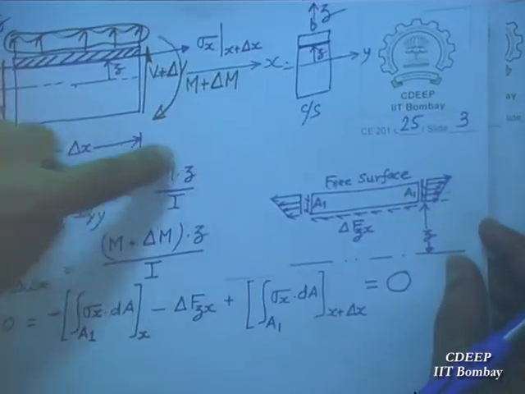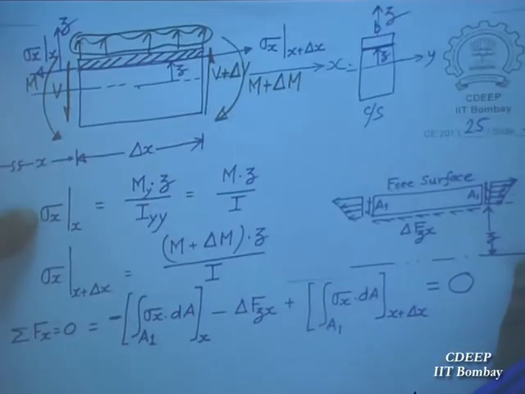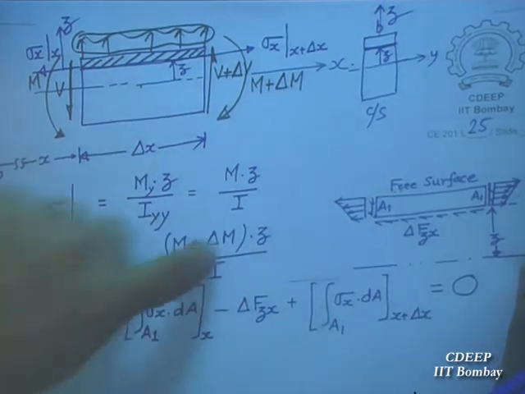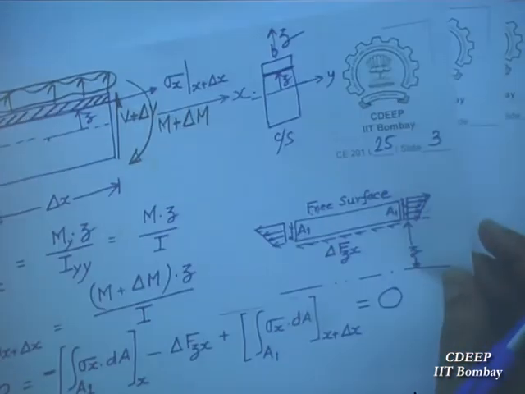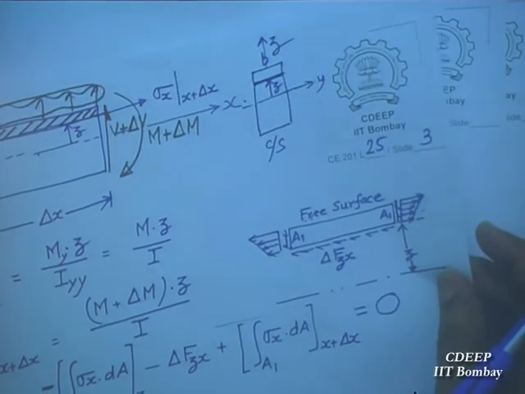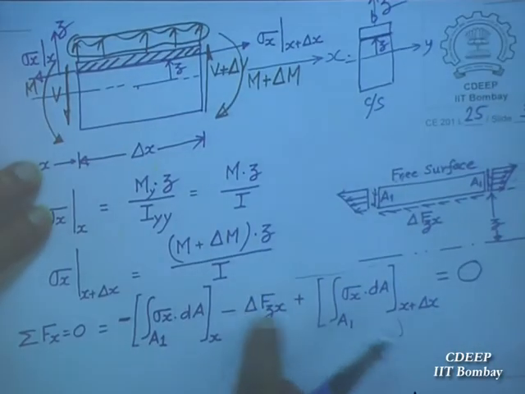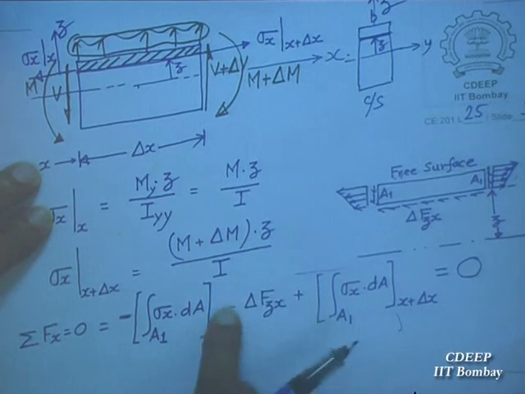If this is correct, then let us, I think we have already written. Then substitute for this sigma x at x by this and sigma x at x plus delta x by this, yes, by I. Take this term on the left hand side. Minus sign becomes plus. So minus becomes plus.